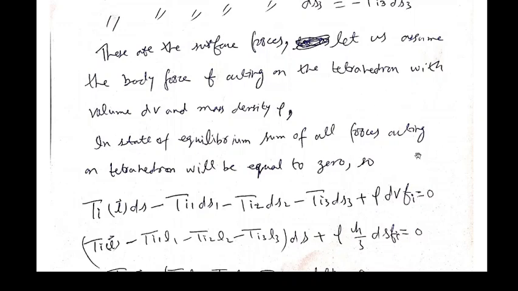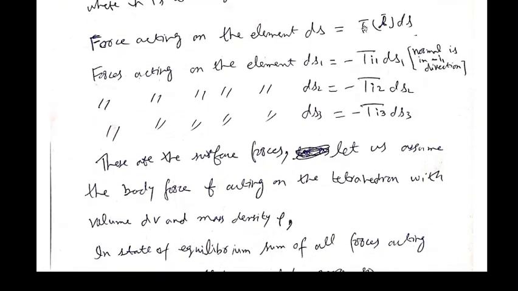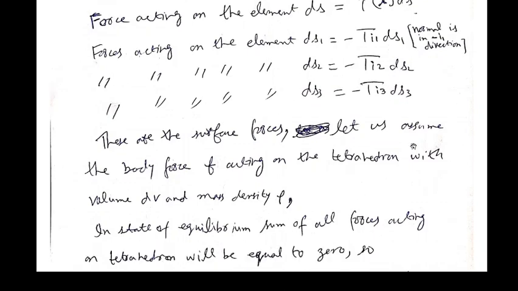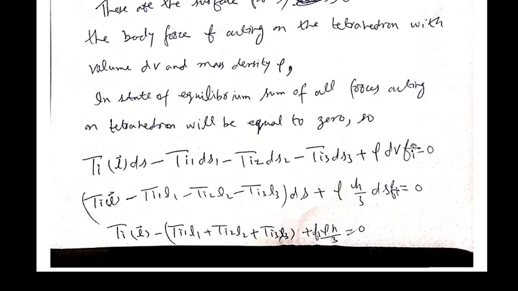So surface forces plus body force sum to 0. We can write this equation for any ith component: t_i(L) dS minus t_i1 dS1 minus t_i2 dS2 minus t_i3 dS3 plus rho dV f_i is equal to 0.